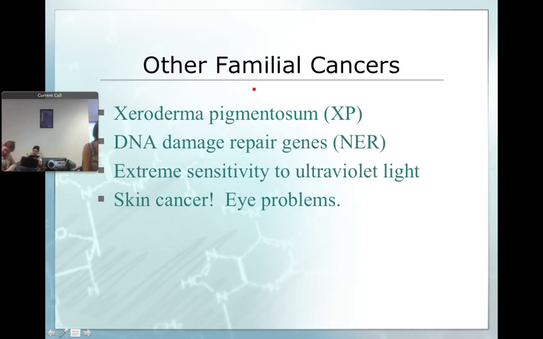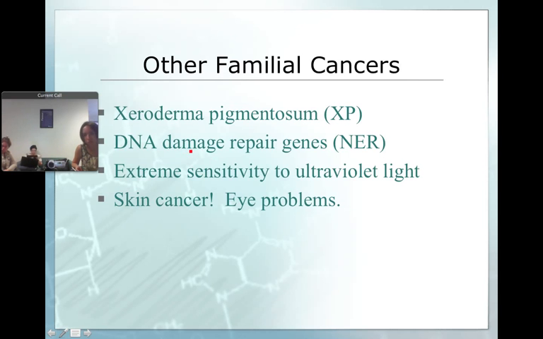Other familial cancers, we're going to walk through a couple of them. This is one that's been studied very well. It's called xeroderma pigmentosum, or XP, is how it's referred to. It is a defect in the nucleotide excision repair DNA repair pathway.